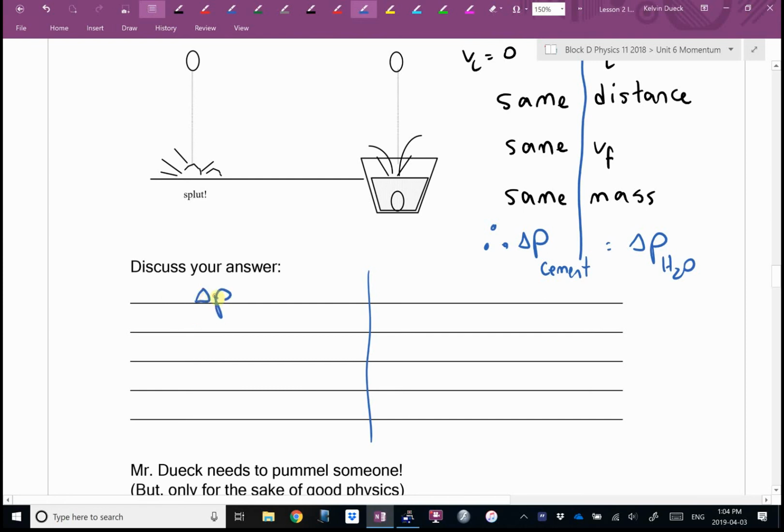the change in momentum, the impulse of the cement equals the impulse of the water. But what's another way to write impulse? Change in momentum.